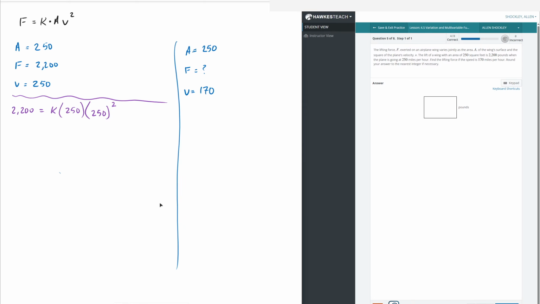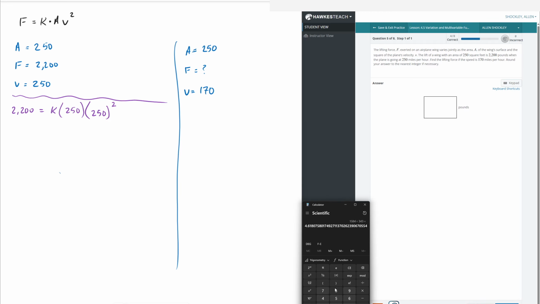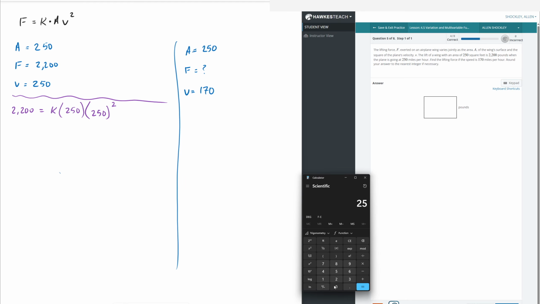Either way, we are about to experience a very large number. 250 times 250 times 250 is an absolute monstrosity.